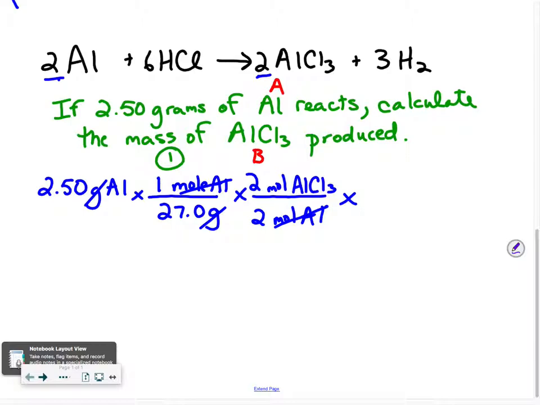And I get 133.5 grams per mole. I can cancel those 2's. So I get 2.5 times 133.5 divided by 27. Round to 3 sig figs. 12.4.